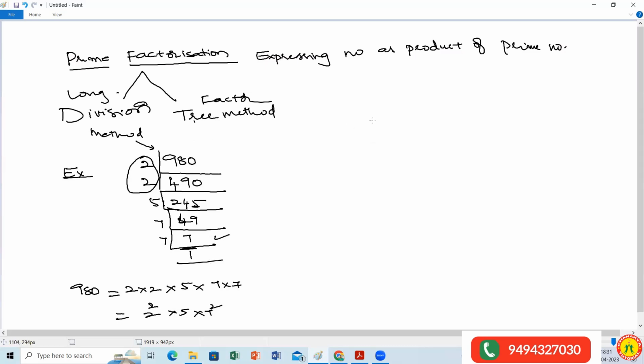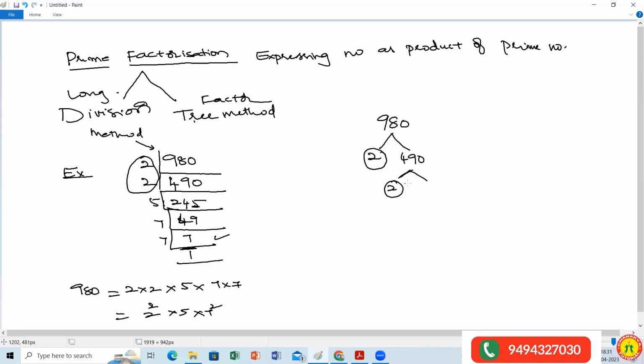The factor tree method follows the same procedure. Go with 2: half of 980 is 490. Among these, 2 is a prime number; we cannot divide further. 490 is a composite number, so you can make branches from it.